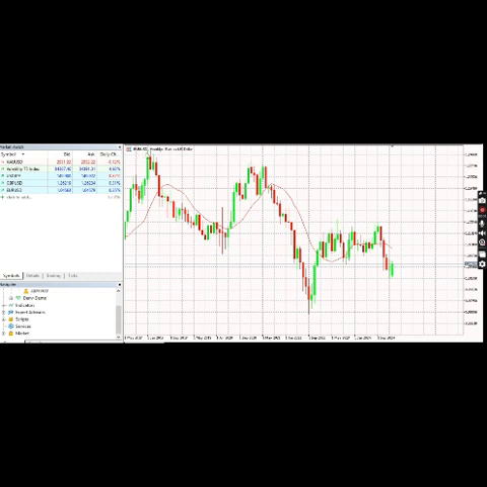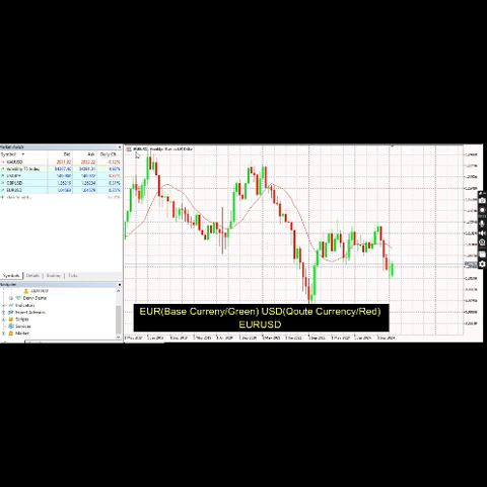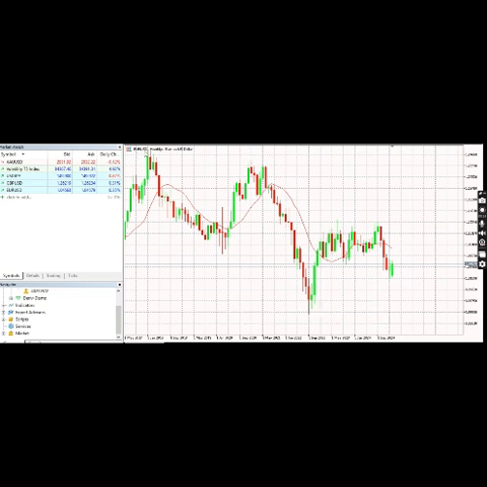We can see EUR/USD. Samson is the one holding the Euro, and Gable is the one holding the USD. The Euro is the base currency. As I said, Samson is holding the base currency, and Gable is the one holding the quoted currency.